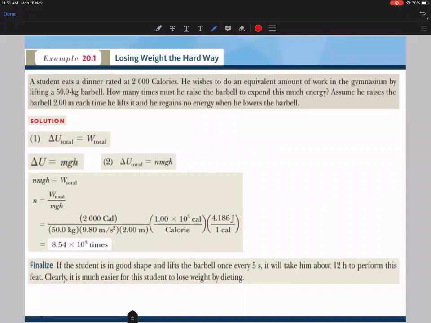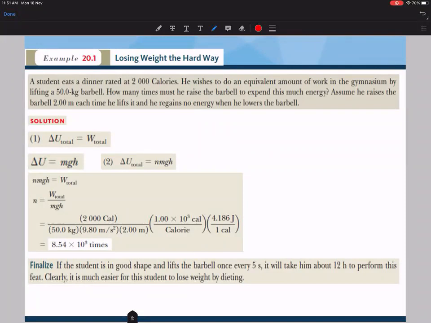He would like to take away all this intake energy by performing the equivalent amount of work done, in the form of lifting a barbell 50 kilograms in mass.